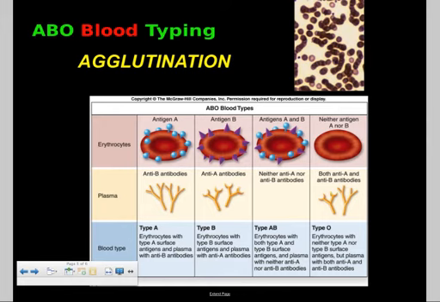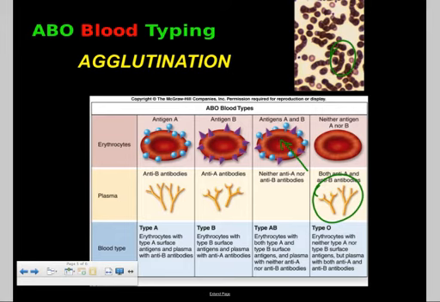So we end up getting this kind of thing happening when a type A individual who has B antibodies attacks B blood cells. It's going to happen when a type B individual attacks somebody with A blood cells. Okay? It will occur when the antibodies of a type O individual are going to attack both B, A, and AB blood. Okay?